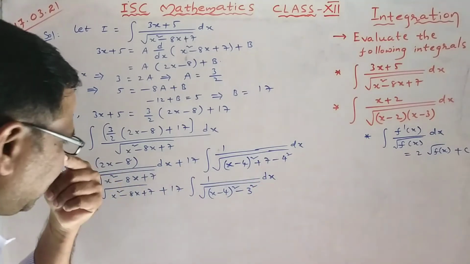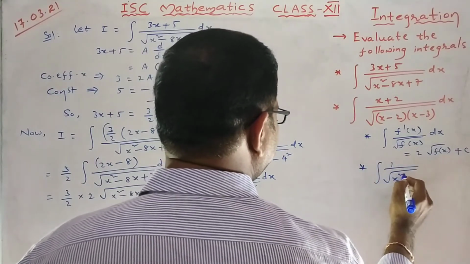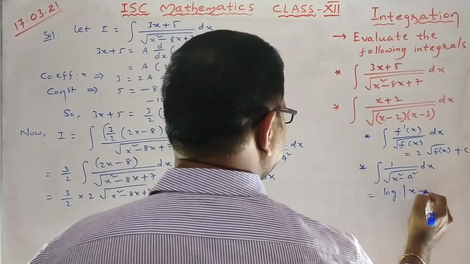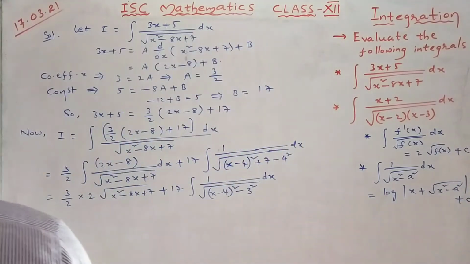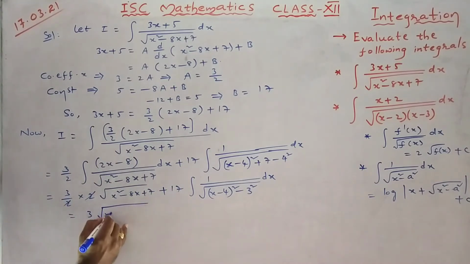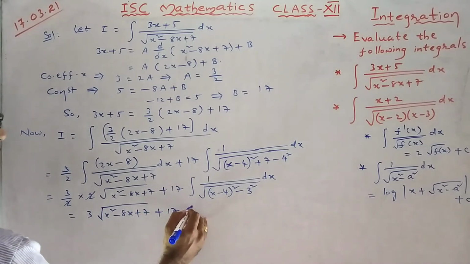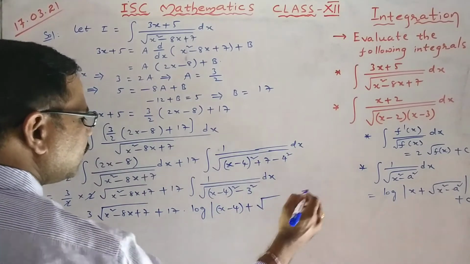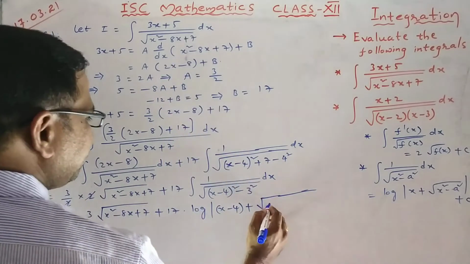So it looks clearly like the integral of 1 by root of x square minus a square dx, right? That can be written as log mod of x plus root of x square minus a square, plus c. If you apply that, the 2 gets cancelled. 3 times root of x square minus 8x plus 7 plus 17 times log mod of (x minus 4) plus root of x square minus 8x plus 7, plus c. Here x square minus a square is nothing but the simplified form of this.